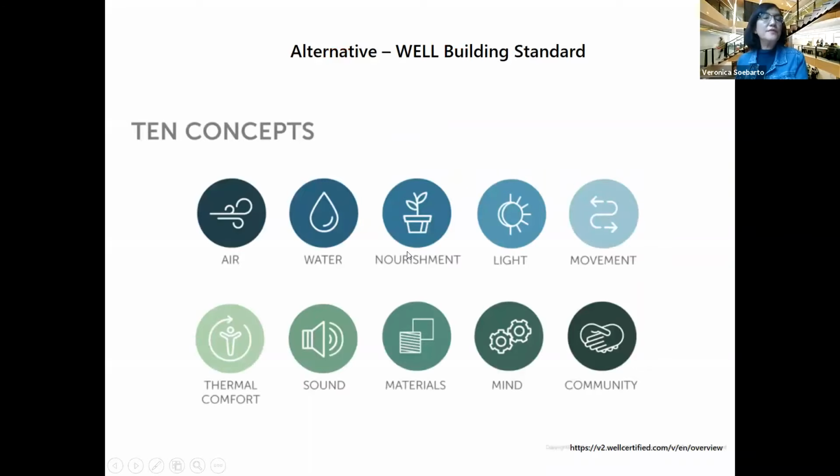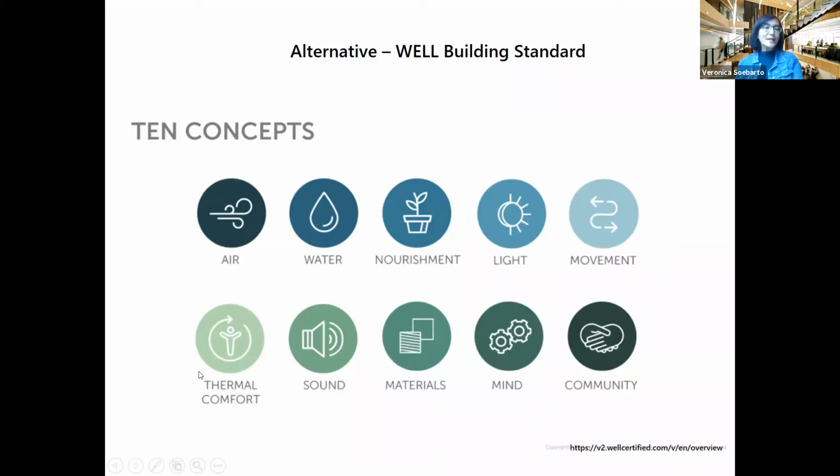There's an alternative. I don't know if you have heard, there is another assessment tool called the WELL Building Standard. And there are 10 concepts of that. They measure air, so air quality, water access, water quality. It starts to address more than just the environment. It addresses outdoor space, whether it provides nourishment, so food to people, access to light, and movement, spatial movement.